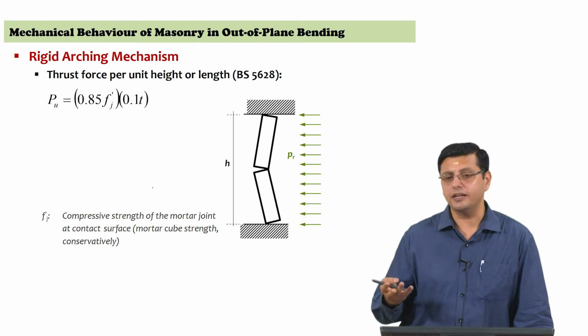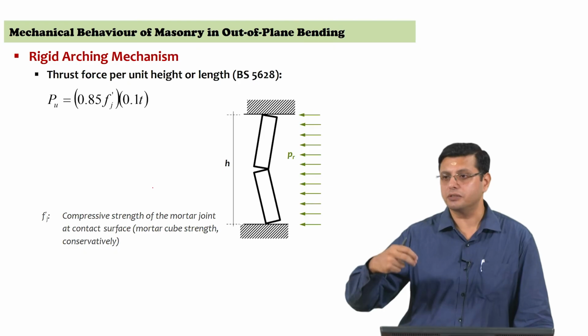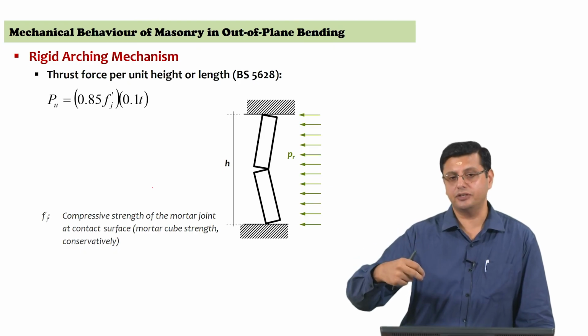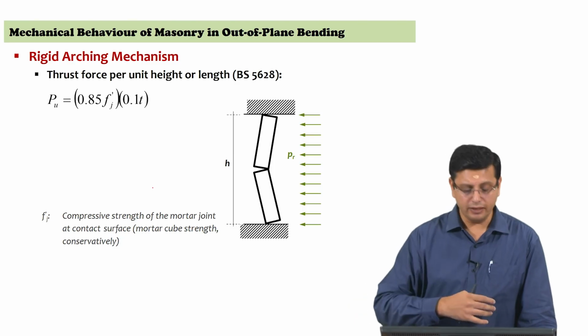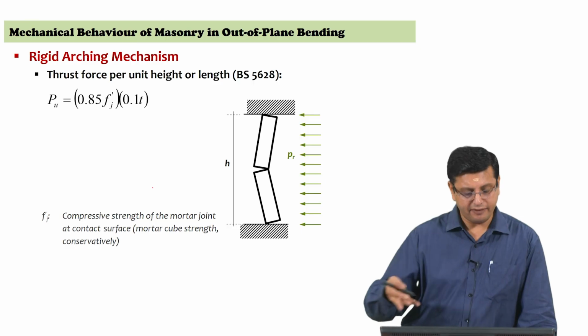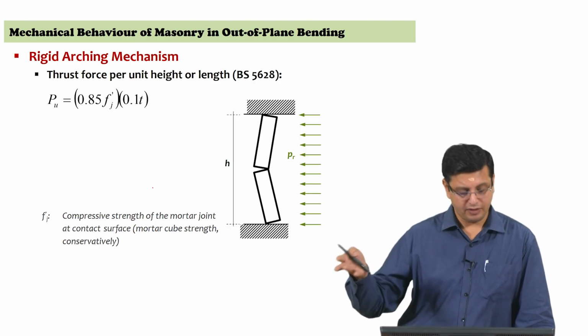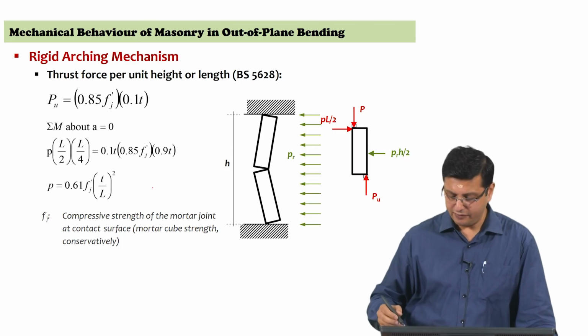If you have integral action of the composite masonry mortar and the masonry unit, you might get a higher compressive strength, but conservatively you are assuming the lower of the two, and the code gives an expression 0.85 times f prime j into 0.1 t. So, let us just examine how that is arrived at.